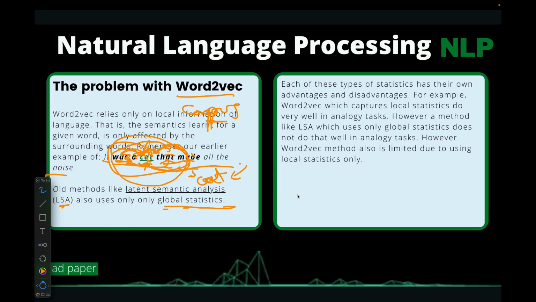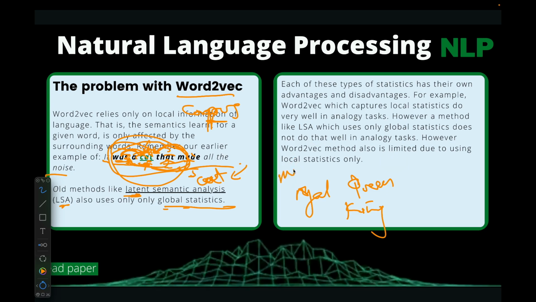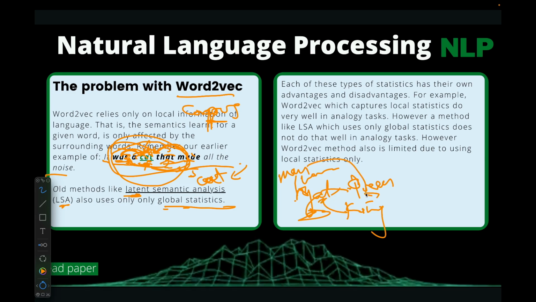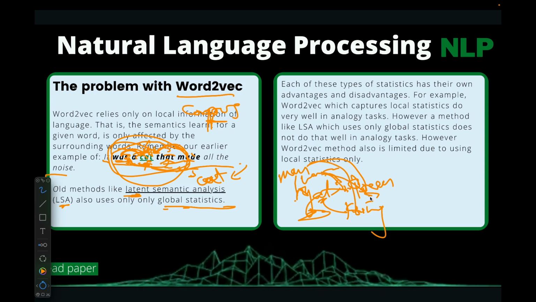If you take the word royal, the words closest to royal will be something like queen and king. But with latent semantic analysis, it's going to take the entire corpus, meaning that words like man and woman are going to be very much related to royal, because queen is related to royal, king is related to royal, man is related to king, and woman is related to queen.